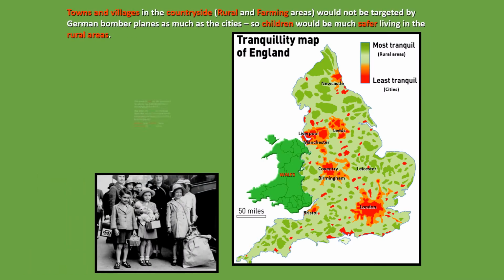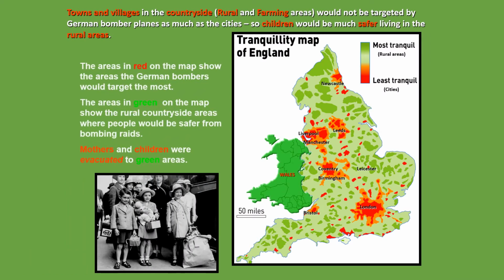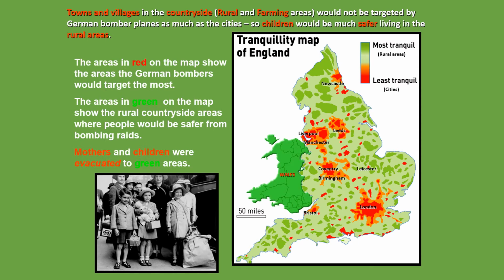So here we have what's called a tranquility map of England. Now the word tranquil or tranquility means calm, suggests calm. Now we know that towns and villages in the countryside, which are rural areas, farming areas, would not have been targeted by the German bombers as much as cities. So children, it's obvious they would have been much safer living in these rural, these countryside areas.